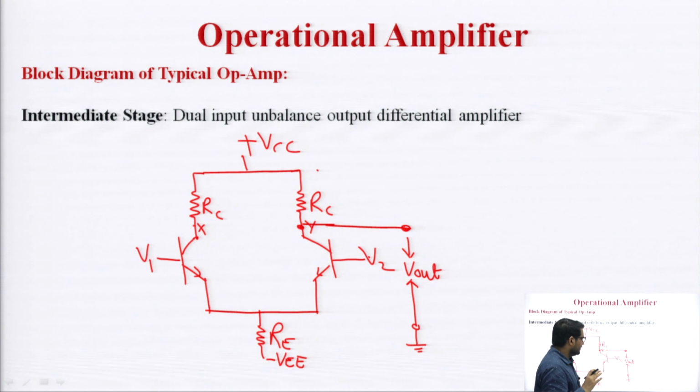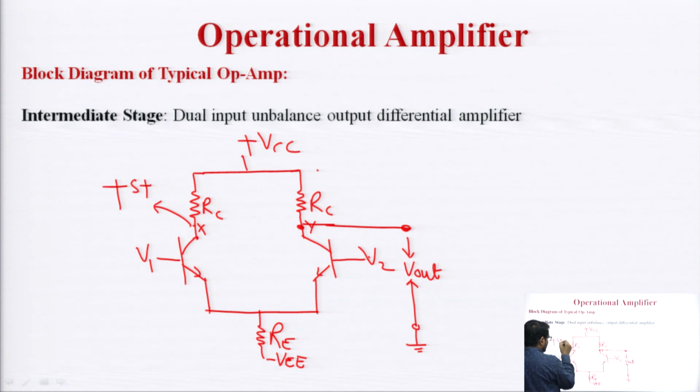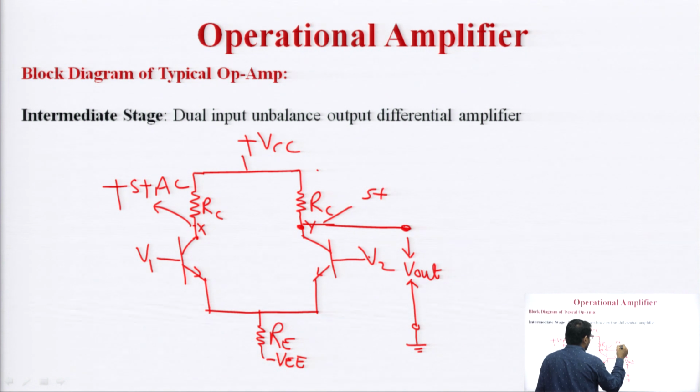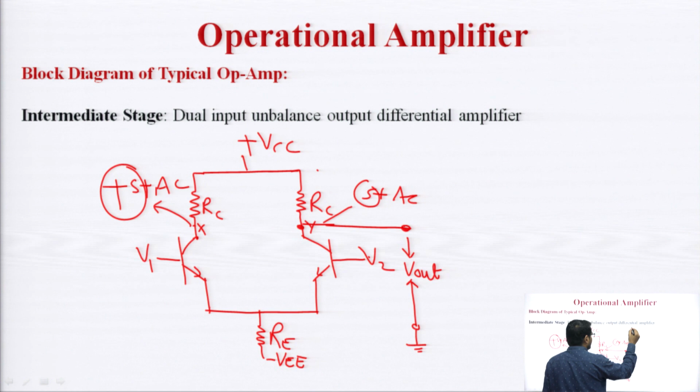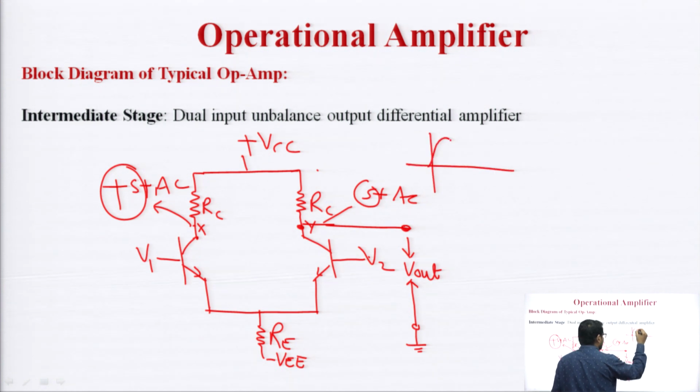What will happen if X contains, let us suppose, 5 plus some AC part, and Y also contains 5 plus some AC part? The unbalanced output differential amplifier has no ability to cancel out this DC signal of 5. Let us suppose that the input is an AC signal with mean 0.